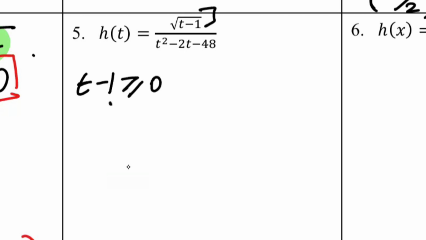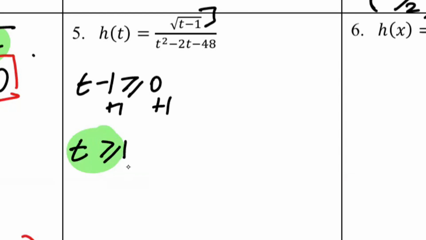Then if we solve that, adding 1 to both sides, one of our solutions would be that t is greater than or equal to 1. So we could mark this. That's one of the responses that we definitely use.